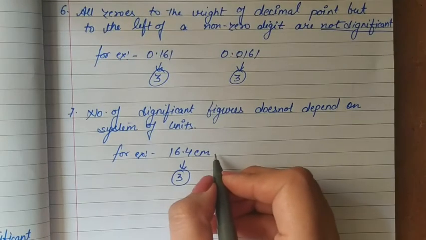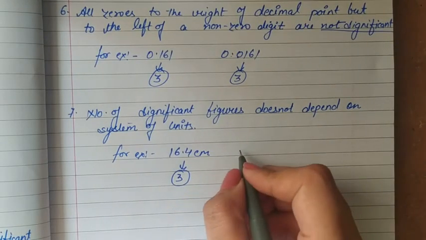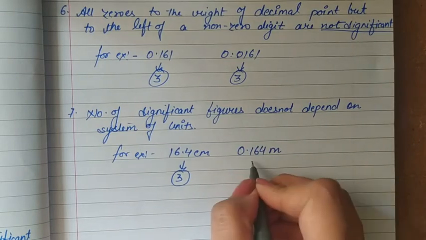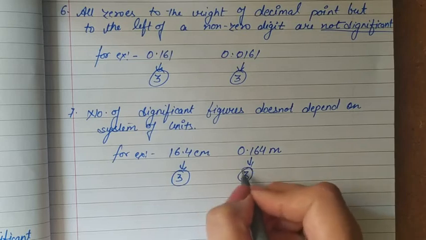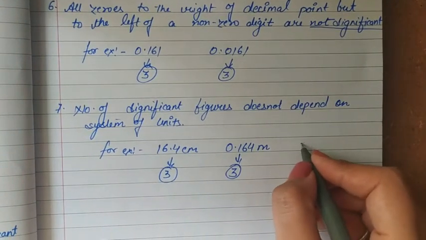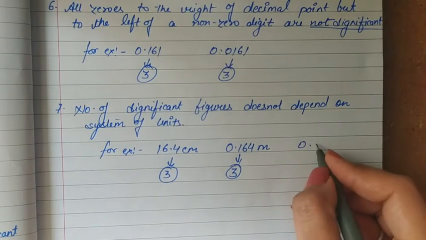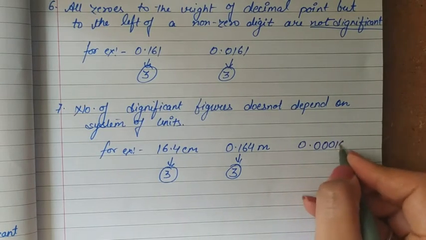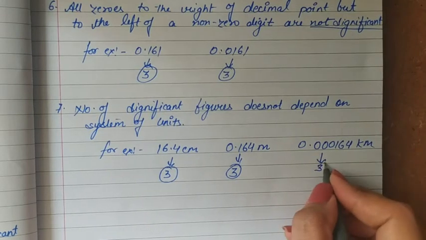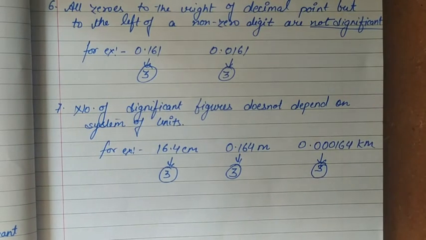If I write it in MKS system, it will be 0.164 meters. Then again there are 3 significant digits. Also if I write in SI system, that is in kilometers, then it will be 0.000164 kilometers. Again there are 3 significant digits or figures.